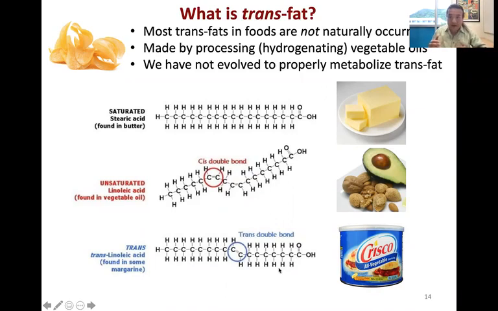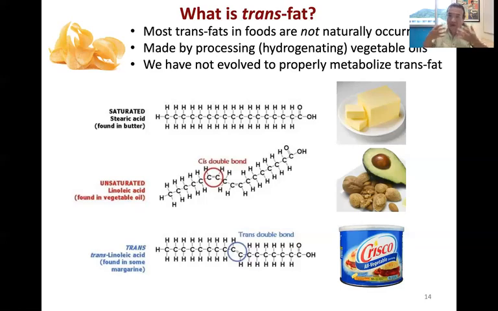That's why a lot of food processing manufacturers love this process of taking vegetable oils and chemically modifying them to be trans fats, because then they have a very cheap way of making saturated-like fat substances.